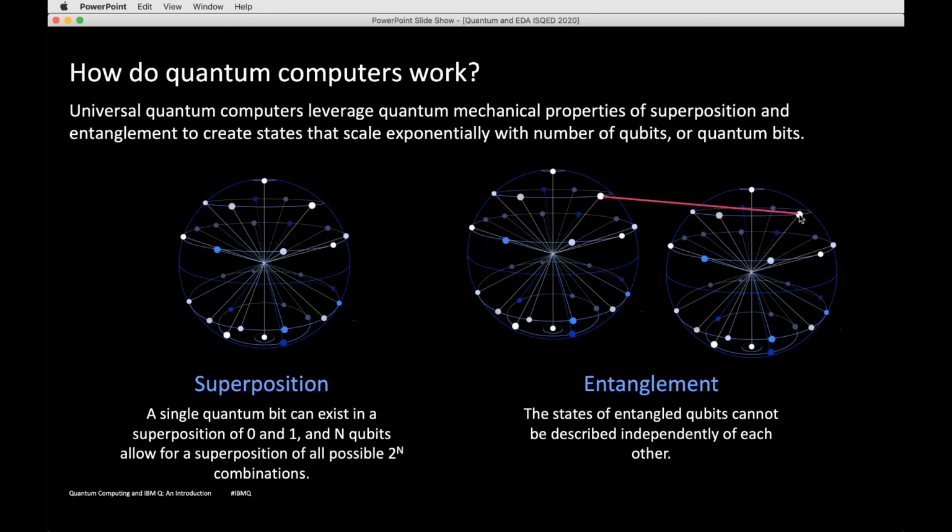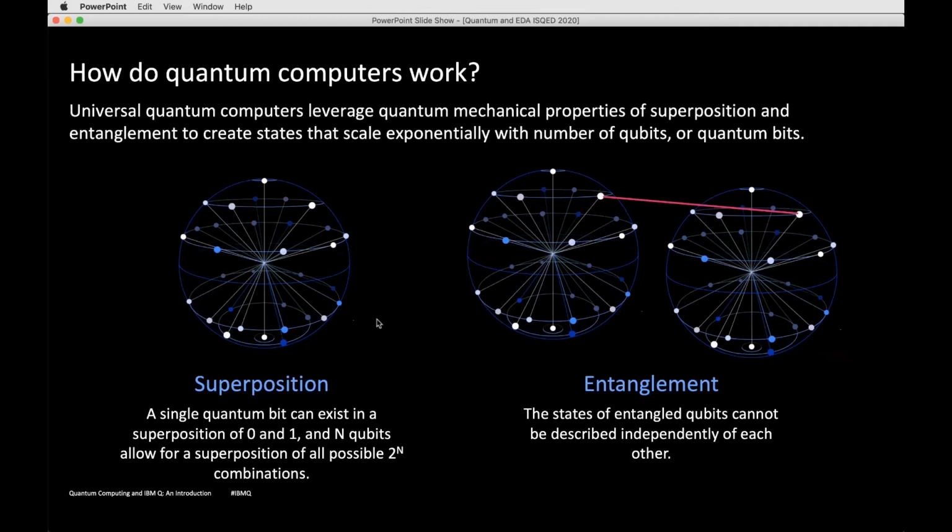It doesn't necessarily have to be the identical state. It could be connected to some other state and be entangled with some other state on the globe there. But the really interesting phenomenon is that if you know one, you know for sure what the other is.